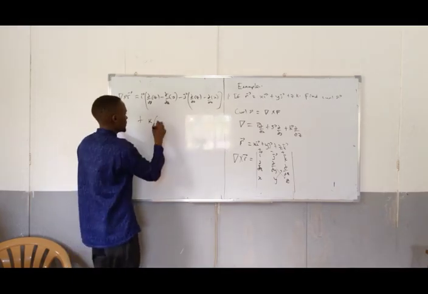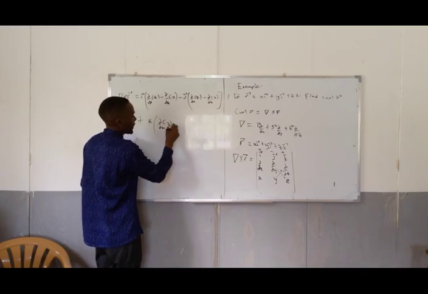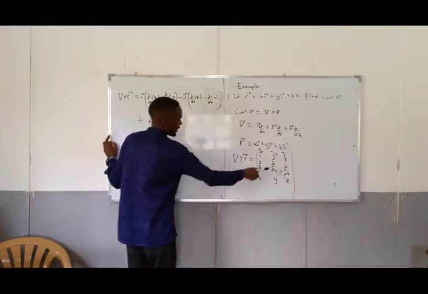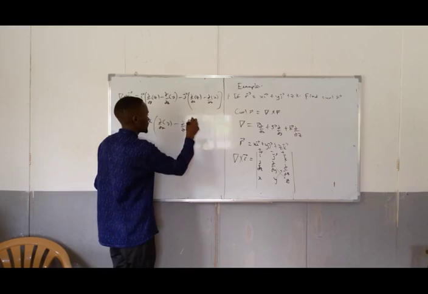Then it should be the partial derivative with respect to x times y minus the partial derivative with respect to y times x.